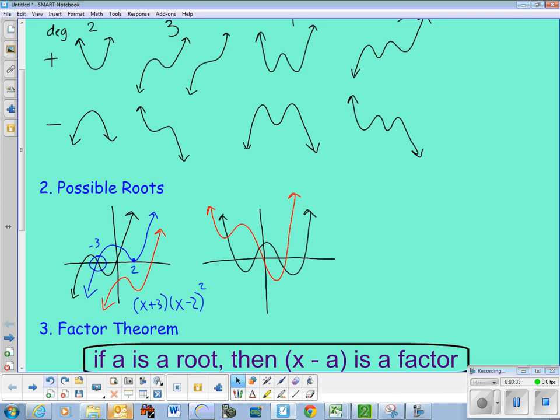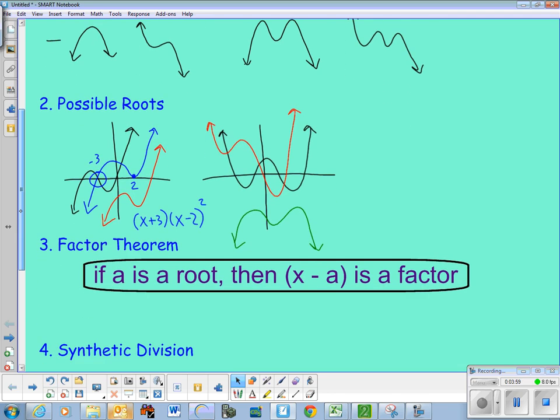It could have none like this. It could have 1 if you did a little bounce off thing. It could have 2 if you did a repeated root like that. But possible roots, keep in mind, whatever the degree is, that's how many roots it has. Whichever ones are not real, that are not shown as an intercept, those are going to be imaginary. Those are going to be the ones with the i's in them, and we'll be finding those.